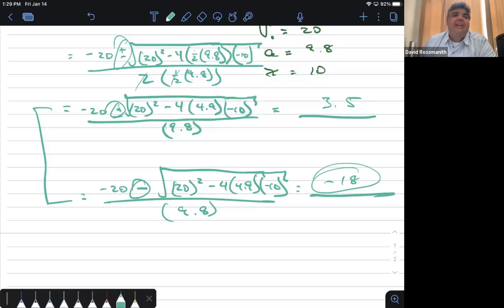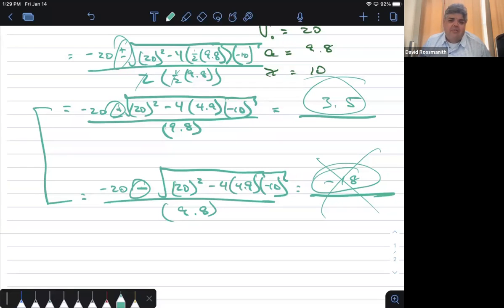What that means is if I shoot a cannonball off the cliff, 18 seconds before I shot it is when it hits the ground. That doesn't make any sense. So that's worthless. It's good for a mathematician, but for us, we're realists. We say, no, it took 3.5 seconds to hit the ground. 3.5 seconds after you shot it, that's when it hits the ground. That makes sense. Negative time doesn't make sense.